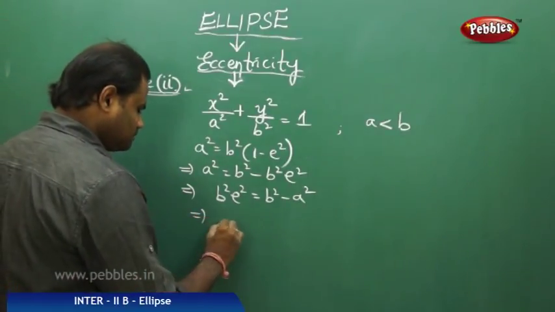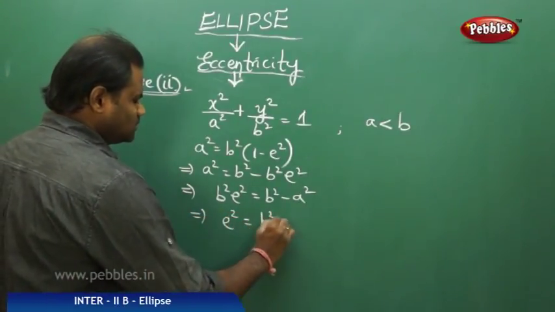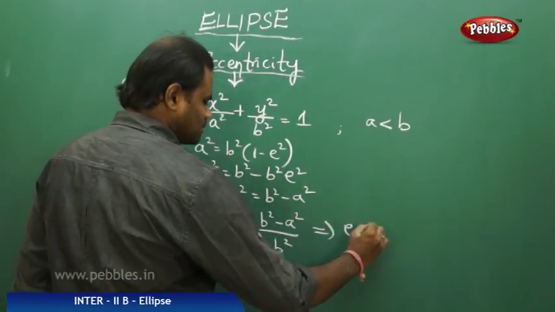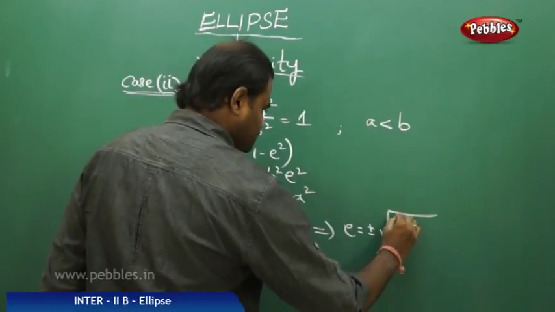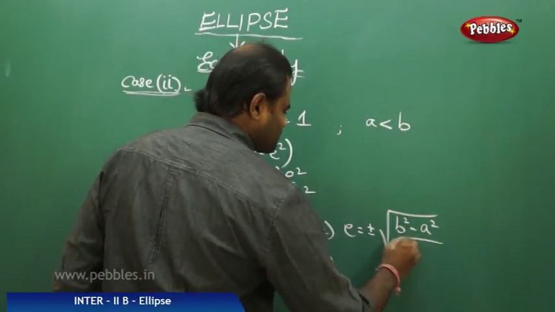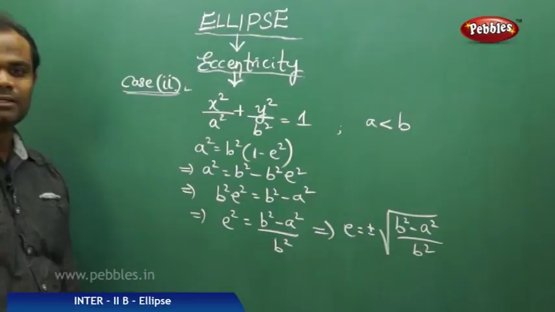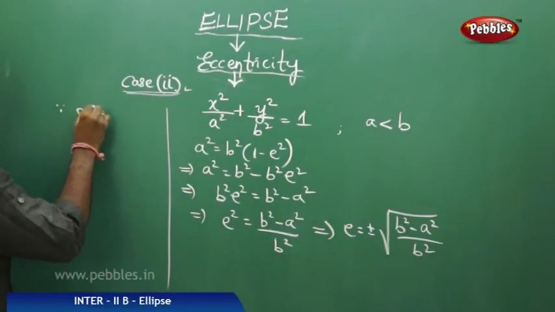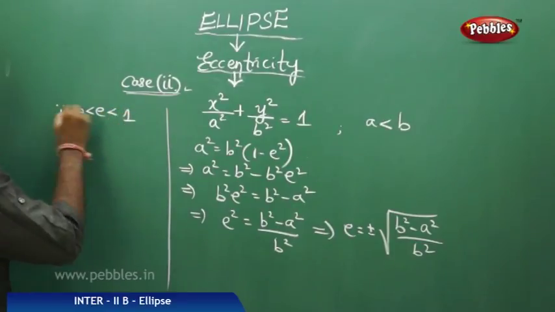This gives e square as (b square minus a square) by b square, but I take only the positive value since 0 is less than e less than 1.